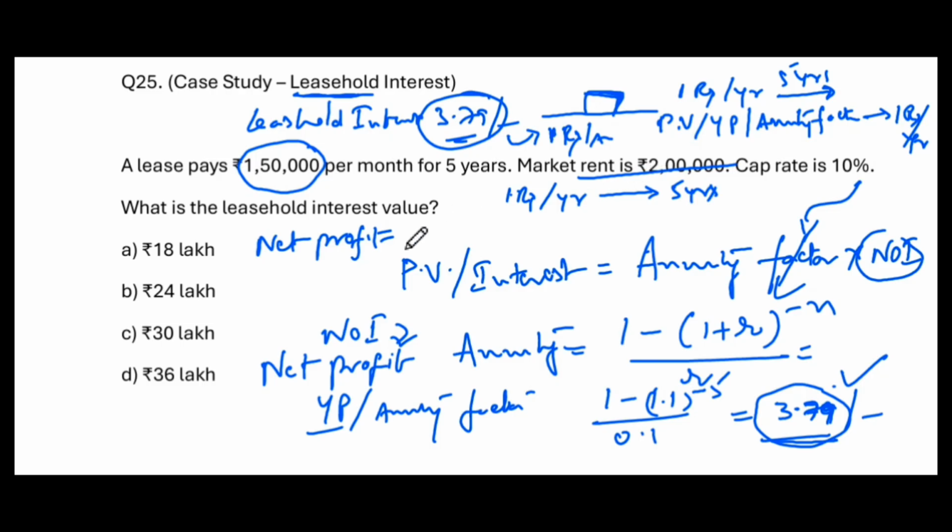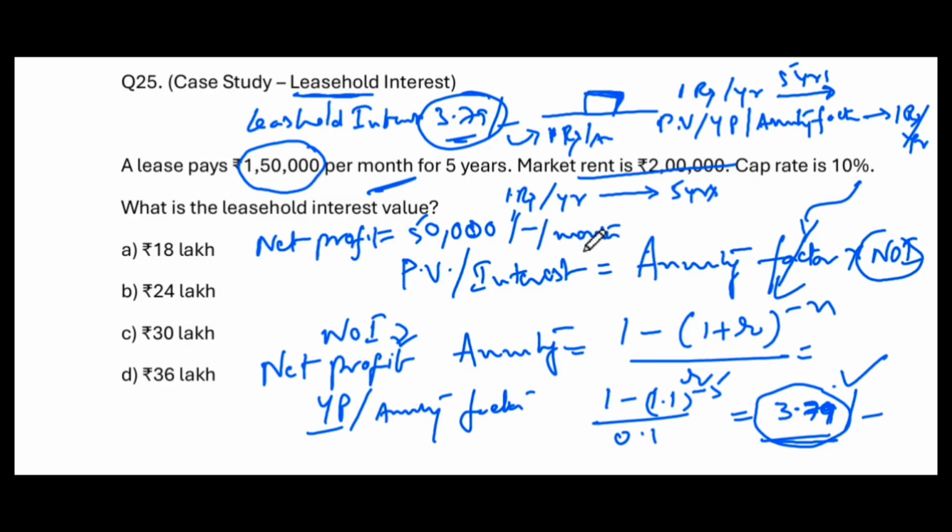So now how much net profit is he getting? After every deduction, the net profit is 2 lakhs minus 1,50,000, which will be 50,000 per month.